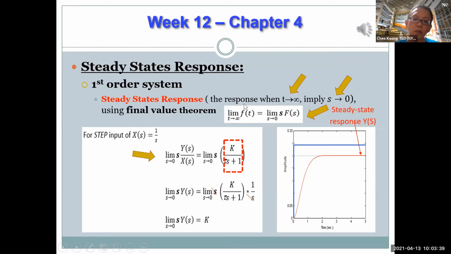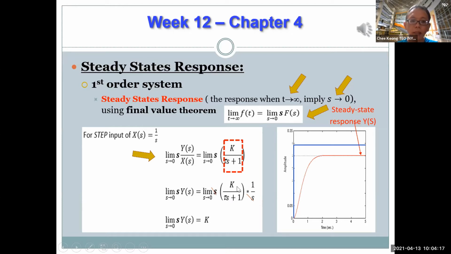Now, if we use the final value theorem and apply it to the first order system, the first order system is k over tau s plus 1, right? So again, there is an s plugged in because of the final value theorem equation. Now, if we put the x of s, which is the input, on the right hand side, and assume that x of s is a unit step function, 1 over s, you can cancel the s with the s prior to the k over tau s plus 1.